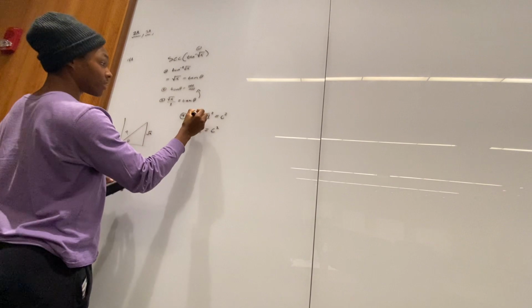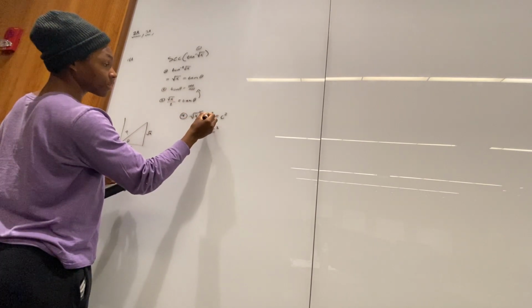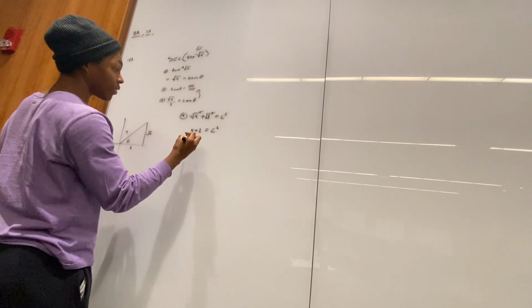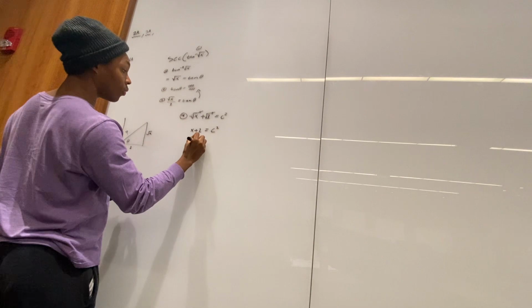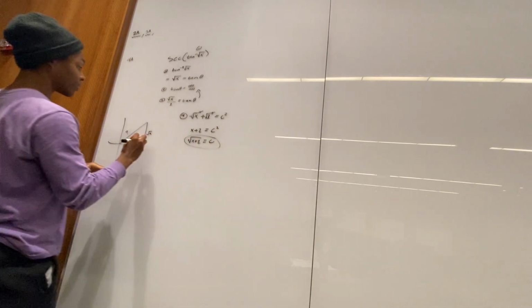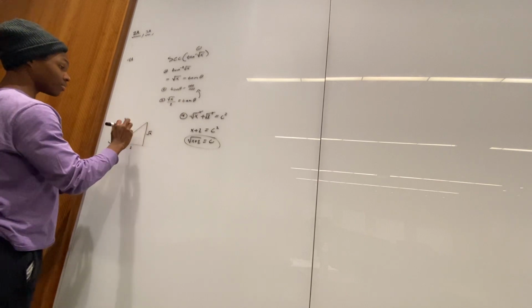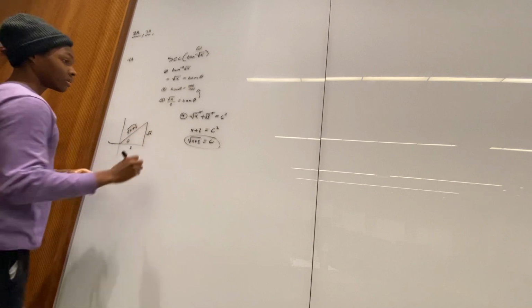Because the root x cancels, and the 1 just equals 1. But then we need to find c. So the root of x plus 1 equals c. So this is c, right? We're going to put this right here. It's no longer a question mark. It's root of x plus 1, right?